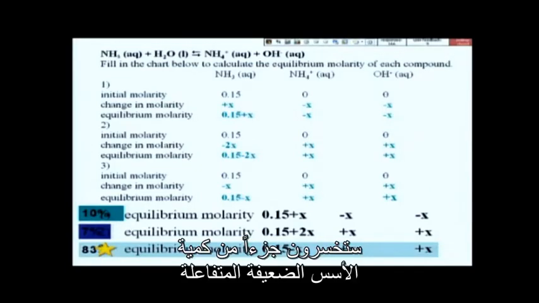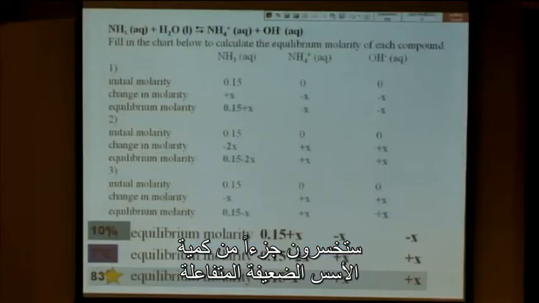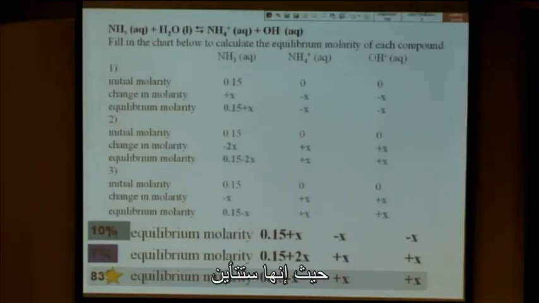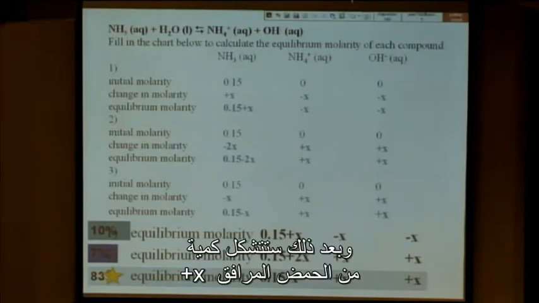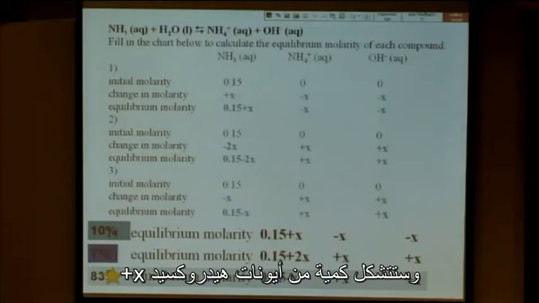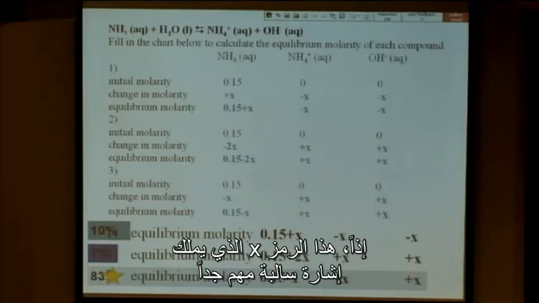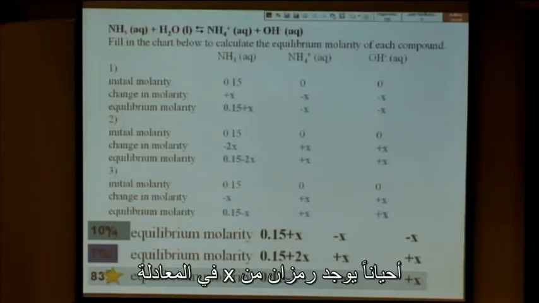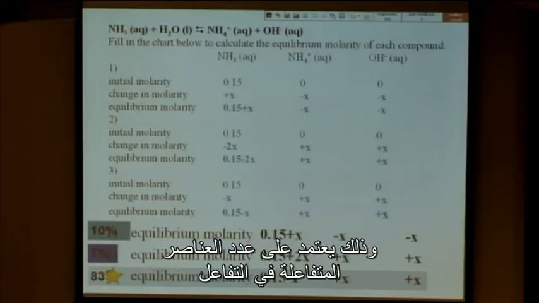So you're going to be losing some of the weak base you have as it ionizes, and so you'll be forming the conjugate acid, plus x, and forming hydroxide ions, plus x. The one with the minus sign is important, and sometimes there will be 2's involved, and that depends on the stoichiometry of the reaction.